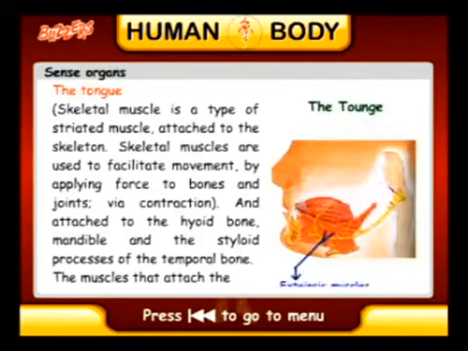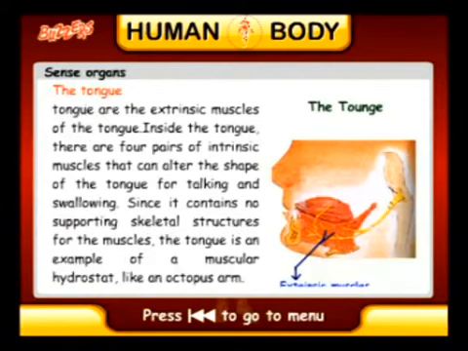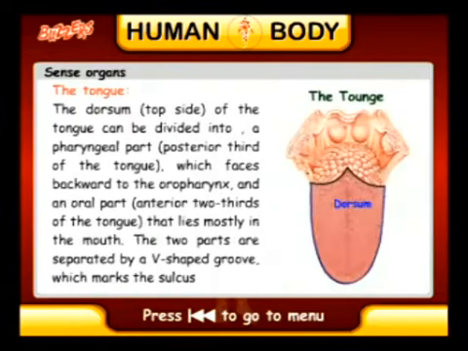The muscles that attach the tongue are the extrinsic muscles of the tongue. Inside the tongue, there are 4 pairs of intrinsic muscles that can alter the shape of the tongue for talking and swallowing. Since it contains no supporting skeletal structures for the muscles, the tongue is an example of a muscular hydrostat, like an octopus arm.